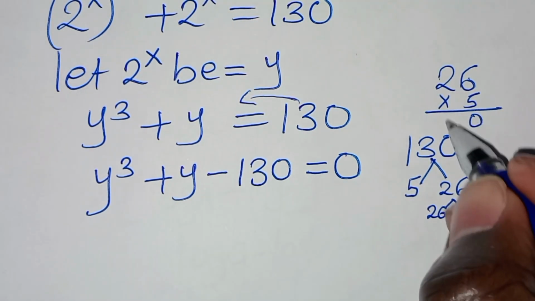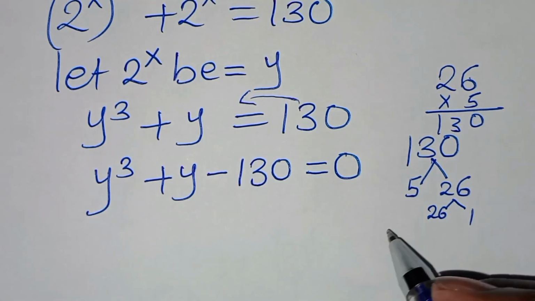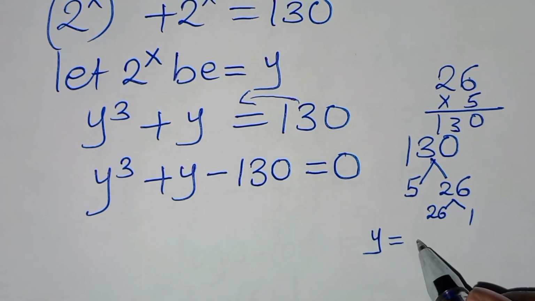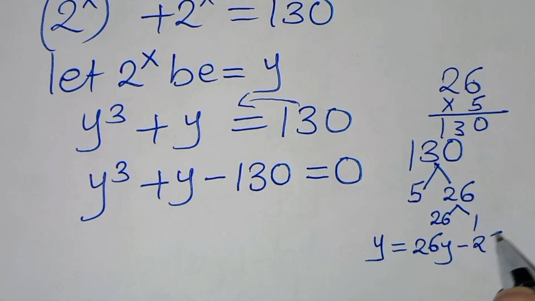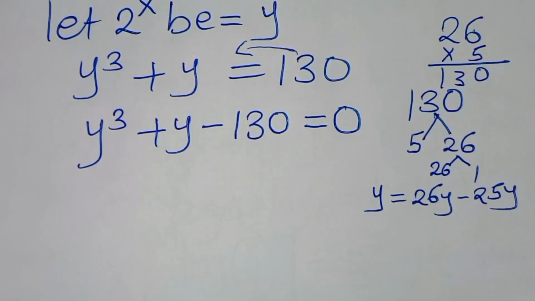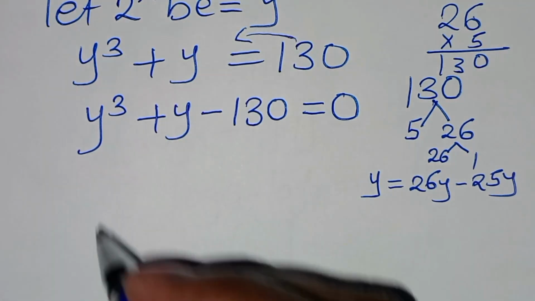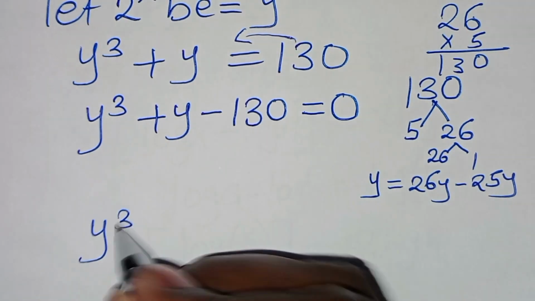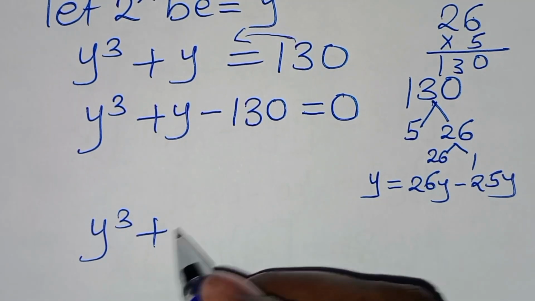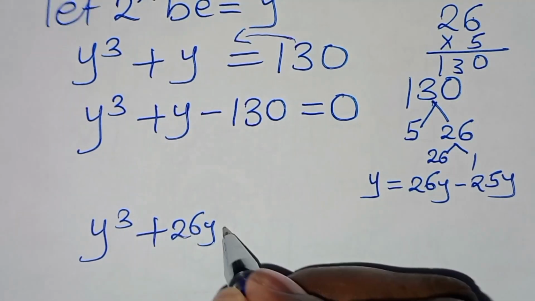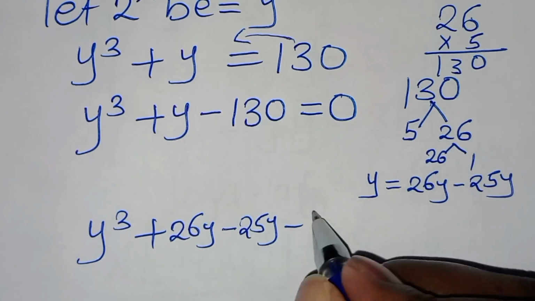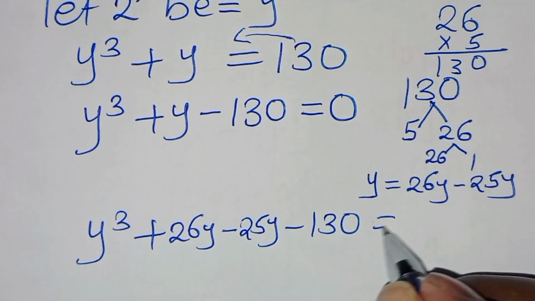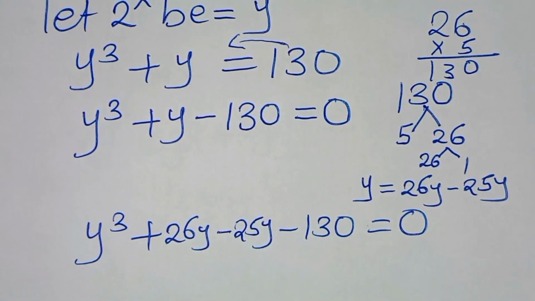So from here, we can express y as 26y subtract 25y. So let's substitute here. We have y to the power of 3 plus 26y minus 25y subtract 130. This is equal to 0.